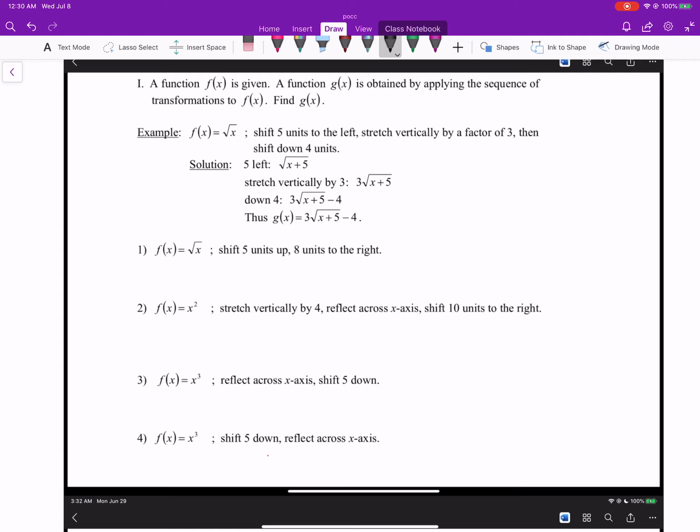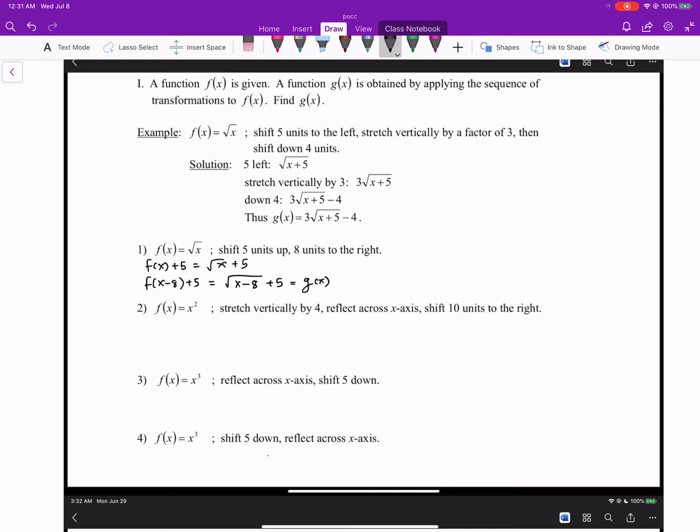So what it says is I'm doing f of x plus 5, meaning that I'm just doing square root of x plus 5. And then 8 units to the right, meaning that I'm doing f of x minus 8 plus 5. So my final answer is the square root of x minus 8 plus 5, which is going to be equal to g of x.